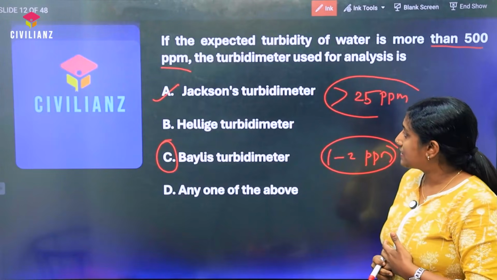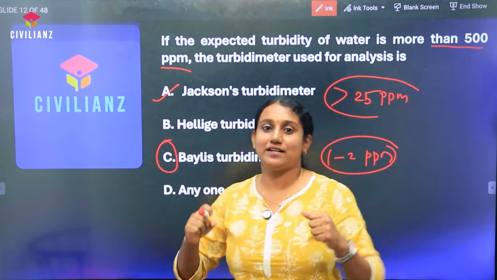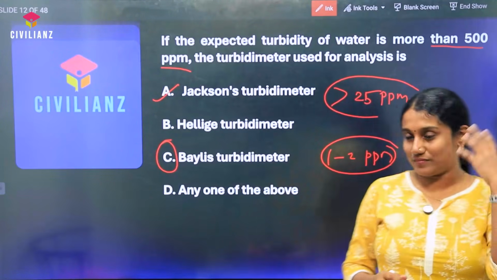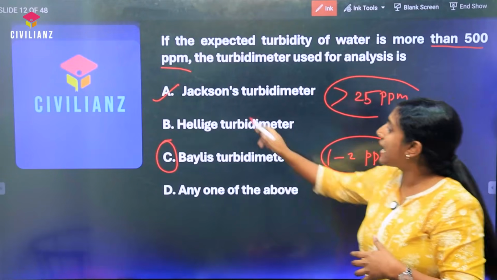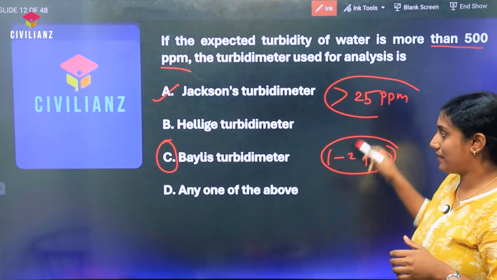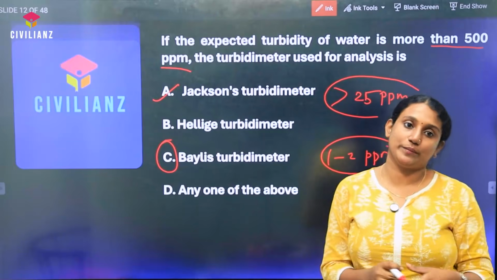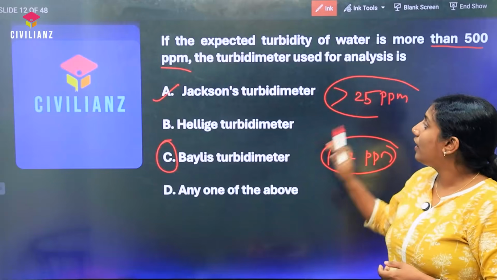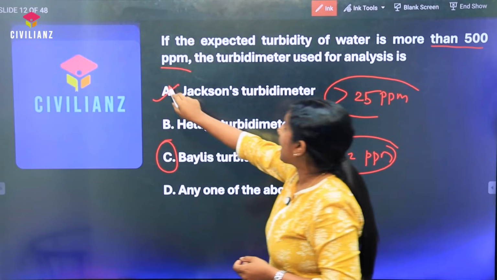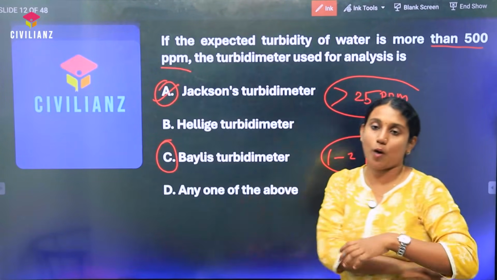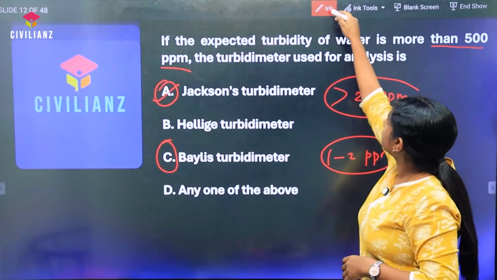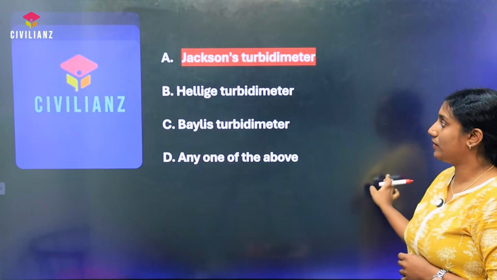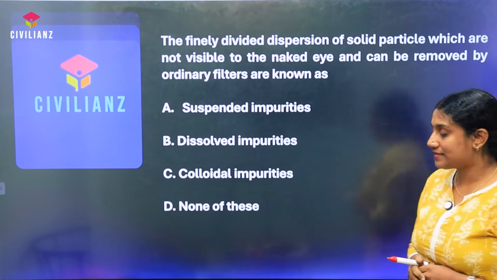So Jackson, high turbidity meter. Bayes turbidity meter is used in low turbidity. So option A is the answer. Please note the answer. And next question.